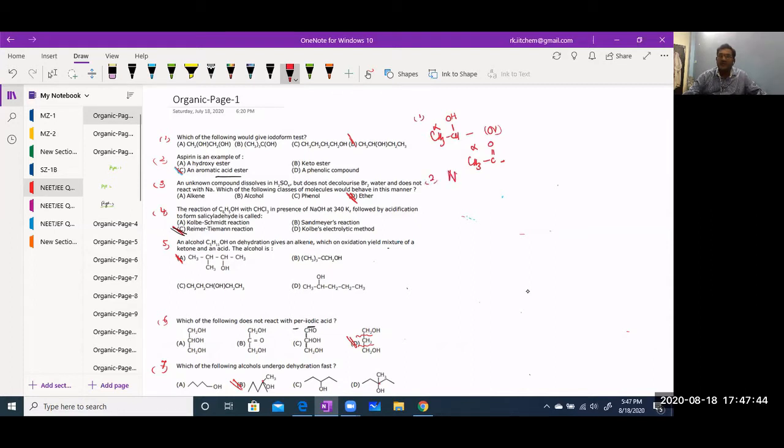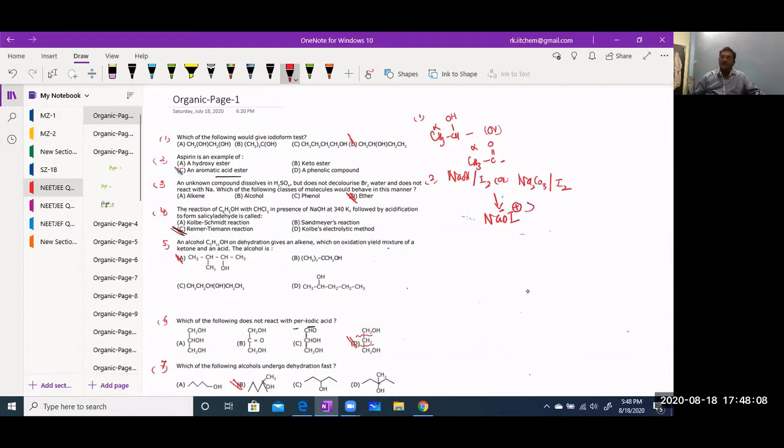The reagent is NaOH and I2, or aqueous Na2CO3 and I2 also. These two can produce our commonest attacking reagent NaOI, that is NaO minus I plus.